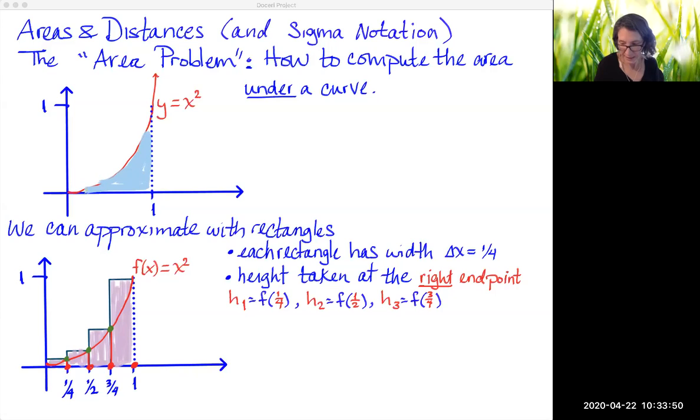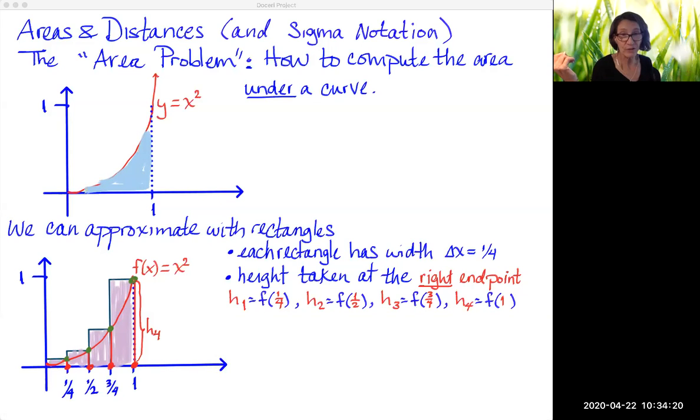And then the fourth rectangle, the height is the y coordinate of the point on the curve where x equals 1. So that would be f of 1. So for each rectangle, the width is always 1/4, but the height depends on the y coordinate of the right endpoint of that subinterval.